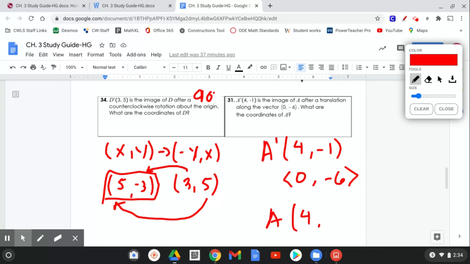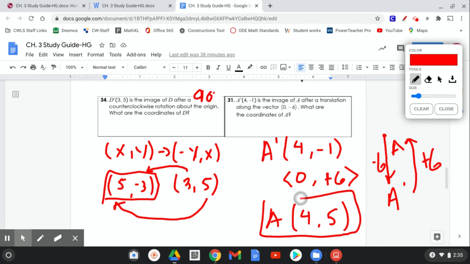If we start at A and go to A prime down here on a coordinate plane, we are just going down 6. We're moving in the -6 direction. But if we're going backwards, then we're going to do it in a +6 direction. So we're doing -1, really +6. That's going to give us 5. So the coordinate for A is (4, 5). All right, guys.